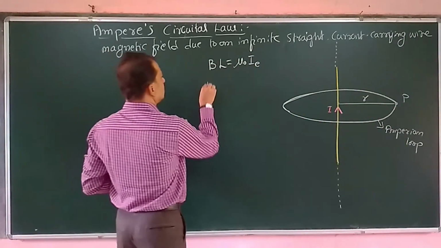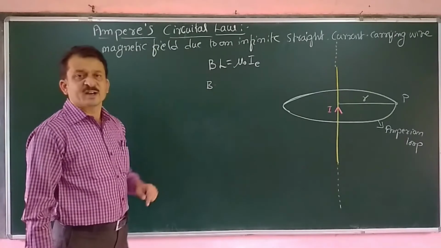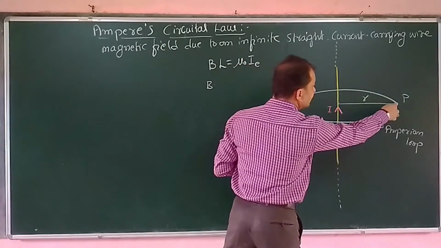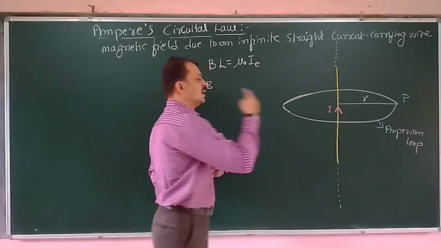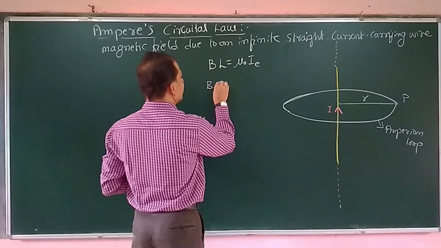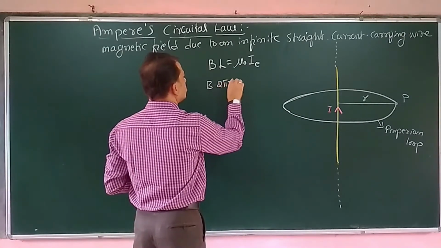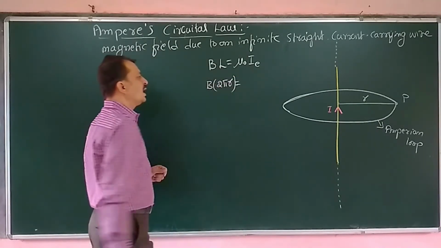Okay. So magnetic field B into what is the length of the Amperian loop here? The length of the loop is nothing but the circumference of the circle. Circumference of the circle of radius r, we know, is 2 pi r.